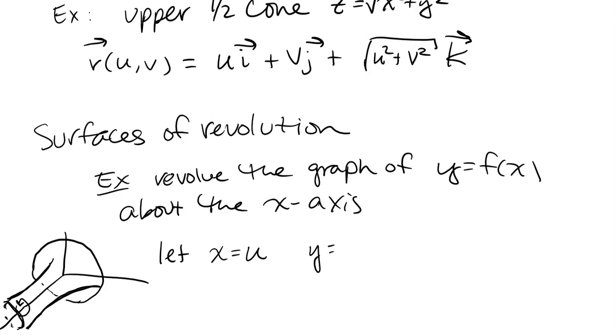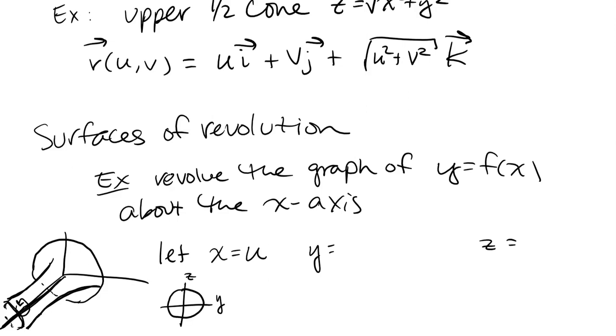And then for y and z we could represent them by a circular cross-section. So if we look right down the x-axis at this, what we're going to see is the z y plane, or the y z plane, I suppose.